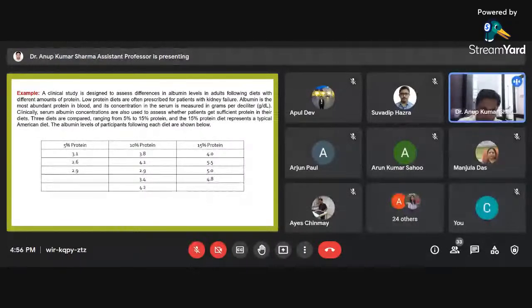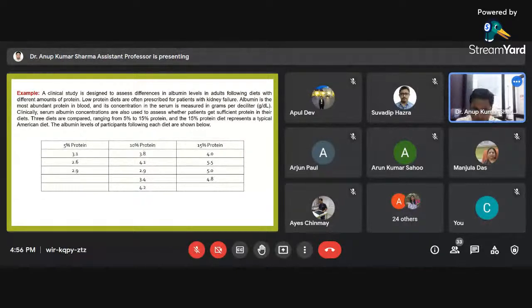Here are three people given the 5% diet, with albumin levels of 3.1, 2.6, 2.9.